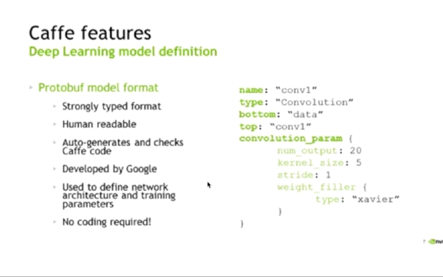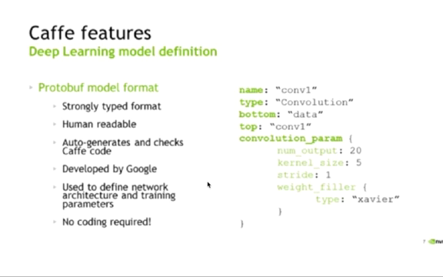So let's talk about the features of Caffe. In deep learning, how are the models defined in Caffe? We have a protobuf text file where we can define the different layers of Caffe.